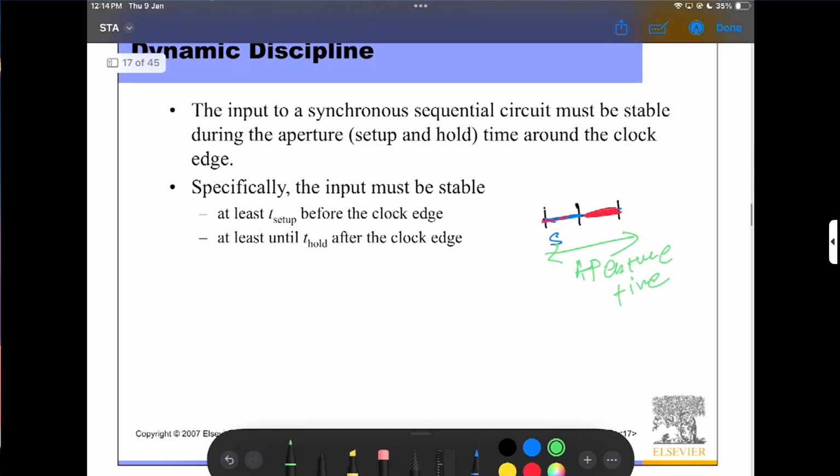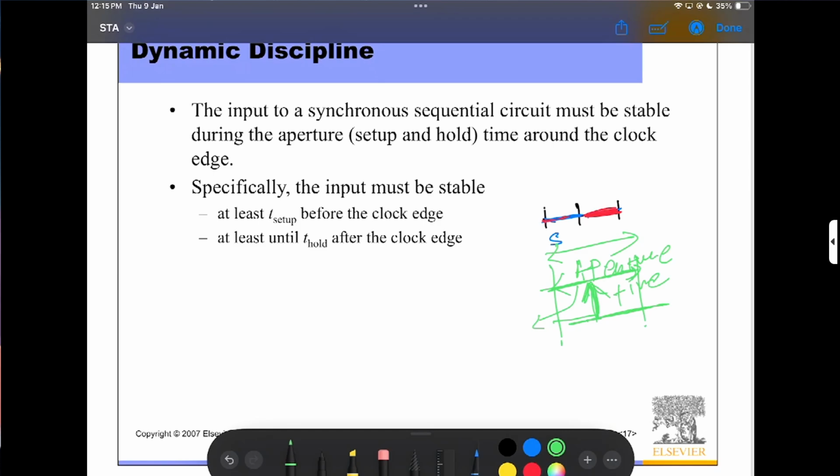My clock edge should not come here; my clock always comes in this period, which is called the aperture time. During this aperture time period my data should hold and not change, like 0 to 1 or 1 to 0. Otherwise it goes to the metastability position.